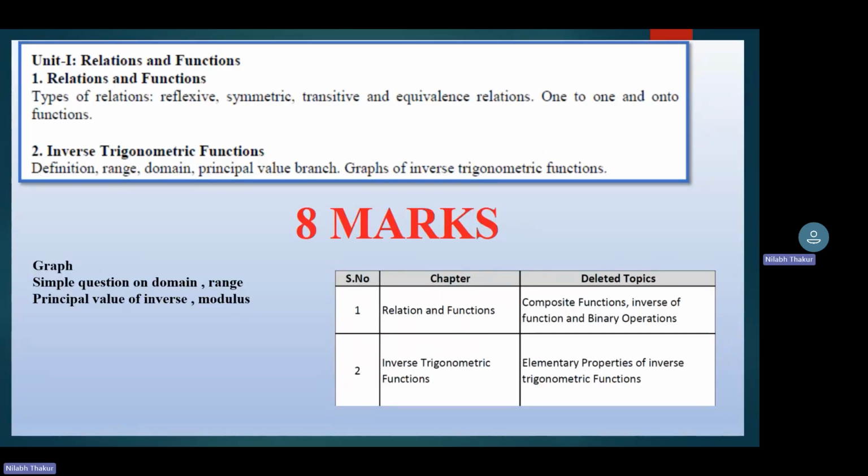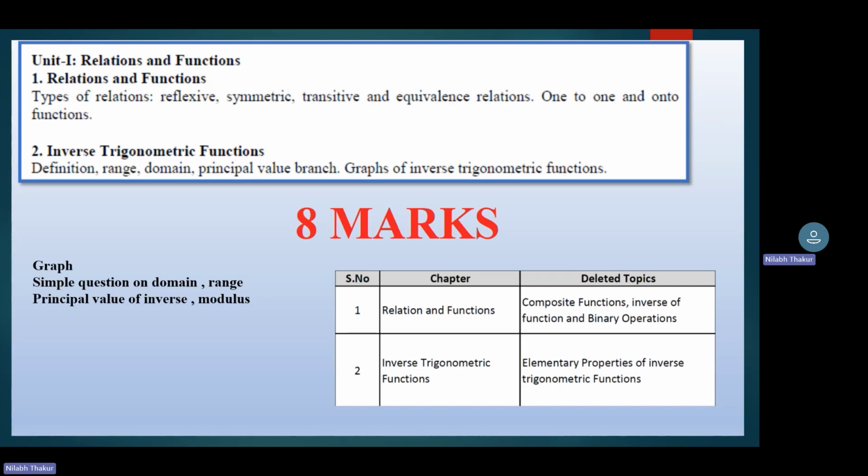Now coming to chapter number 1, relation and function. On the right side you are seeing the topics that have been deleted for this year. The NCERT textbook contains chapters 1.1, 1.2, 3, 4, 5 in relation and function, but composition of function, fog and gop, inverse function, and binary operation are the deleted topics for this year.